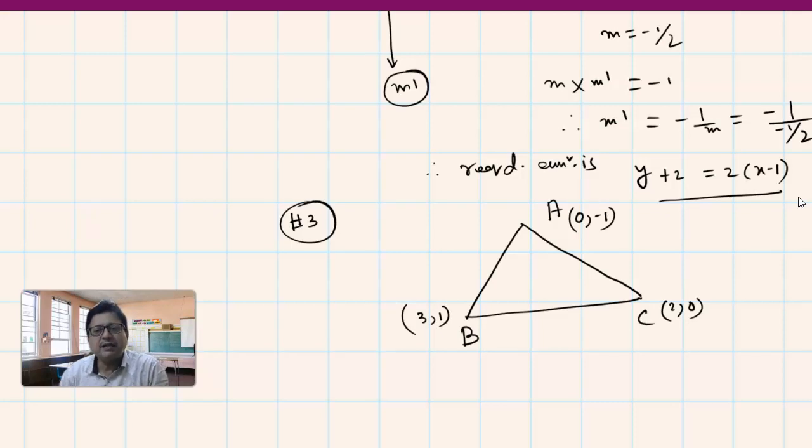Three vertices are like this. What will be the orthocenter of this triangle? First we determine the equation of altitudes. Draw a perpendicular here. Draw a perpendicular from B to AC also.